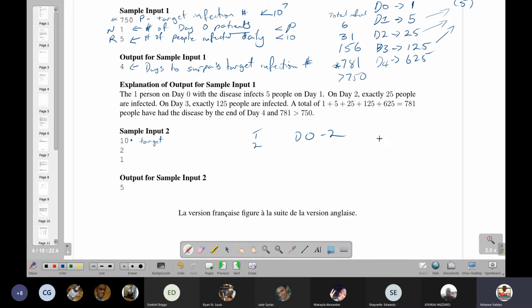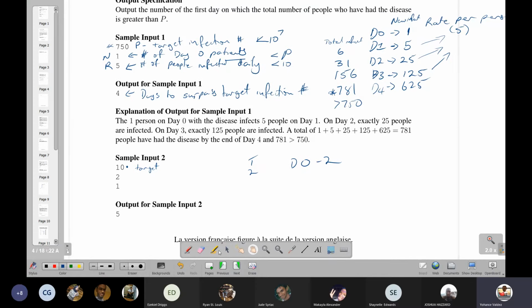But the rate of infection in this case is 0.5. So it takes basically 2 days for 1 new person to get infected. You understand where we're coming from with this?